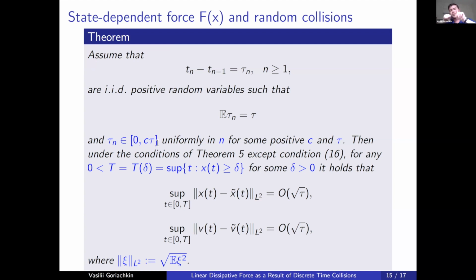Then our trajectories for the two models will be at a big distance. So we are not allowed to use an exponential distribution, or, as before, distributions that only have finite variance. We really need this time to be supported in some interval which goes to 0 as well. In this case, in both models, trajectories for x and for velocity in L2 norm will be close to each other, of order square root of tau.